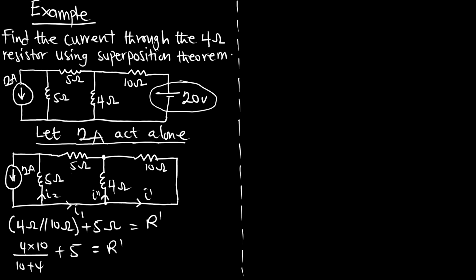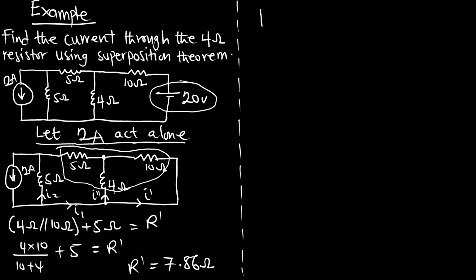Therefore our R prime, which is the effect, is going to be 7.86 ohms. That's for these 3 resistors, the 3 of them. As the 4 is parallel to the 10 and the effect in series with the 5, it is going to be 7.86 ohms.